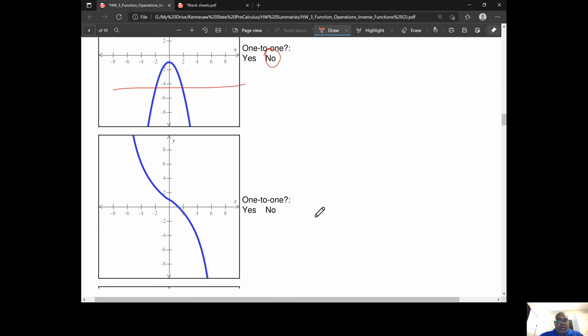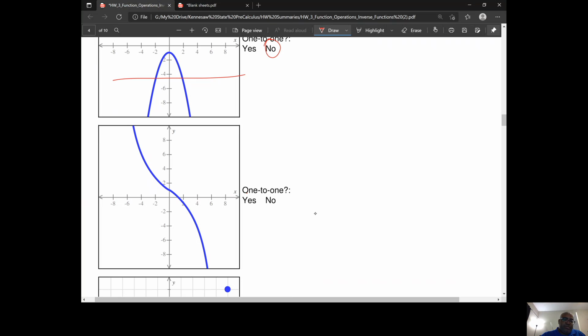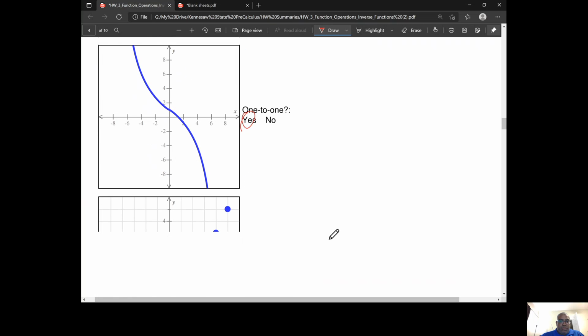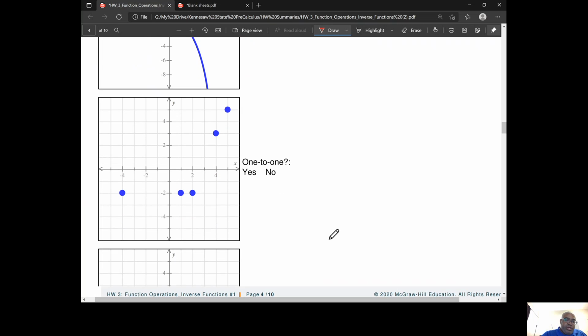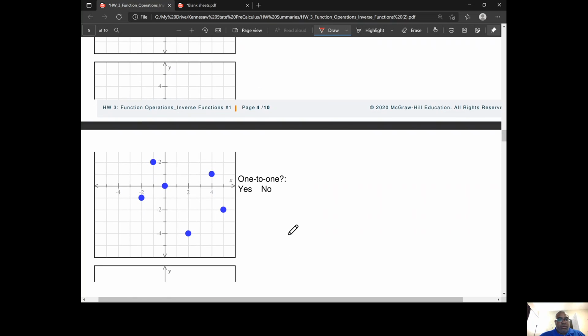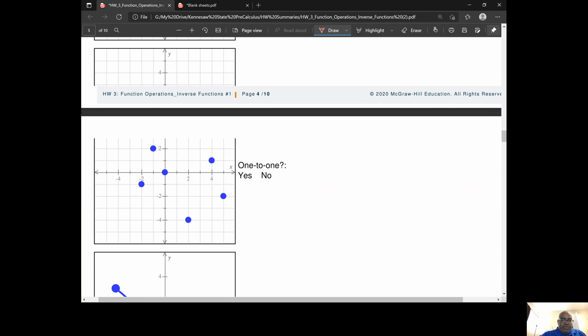So no. 1-to-1 cubic function? Yes. This one does not pass the horizontal line test. So no. This one does pass the horizontal line test, so yes.